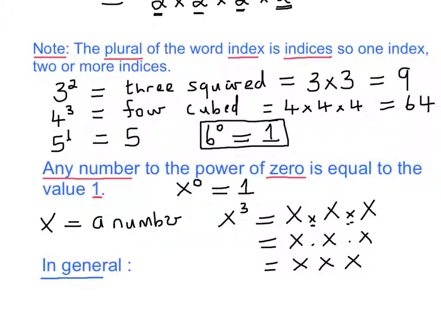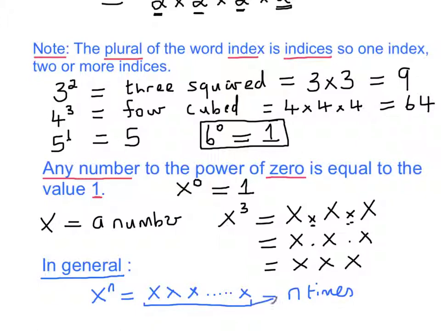So in general, we say that x to the power of n is equal to x multiplied by x multiplied by x all the way over to x, and here this is done n times. So it's multiplied by itself n times.